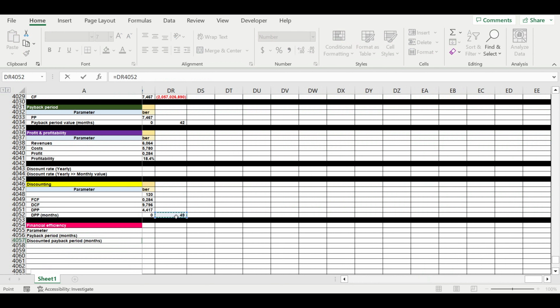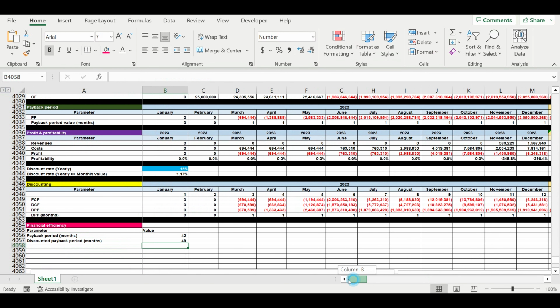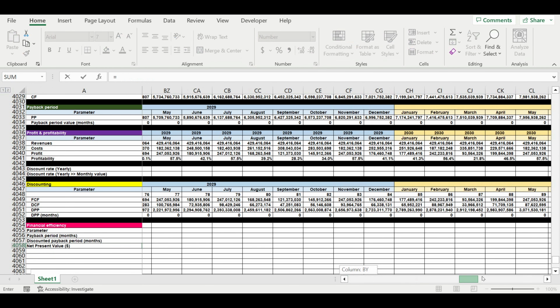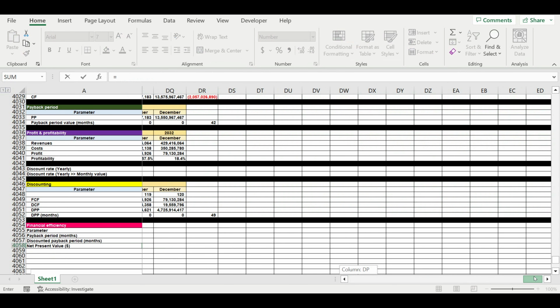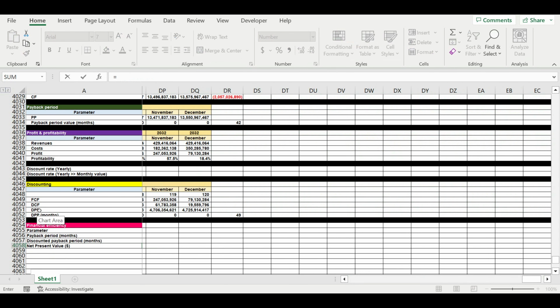Now I need net present value. This will be nominated in dollars. We can just go to the end of the timeline for the discounted payback period line and take this value at the end of the timeline.